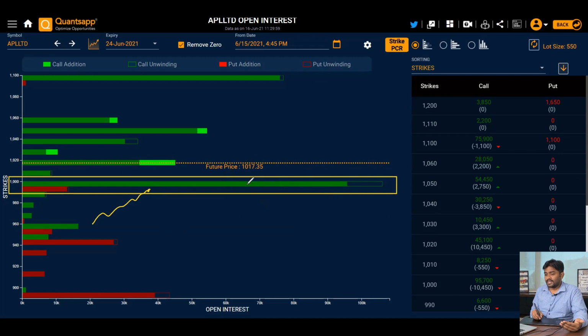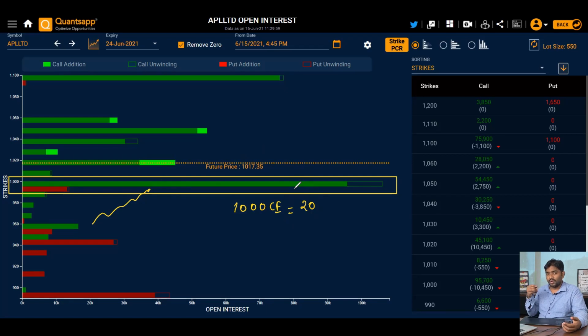Now let's take an example, let's say the 1000 call option was trading at 20 rupees. What happens when price comes to this level? The people who have created a short position want to exit from the market.